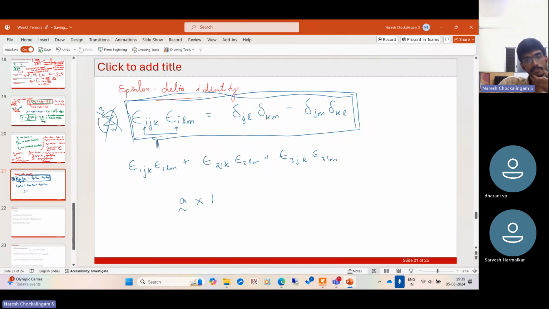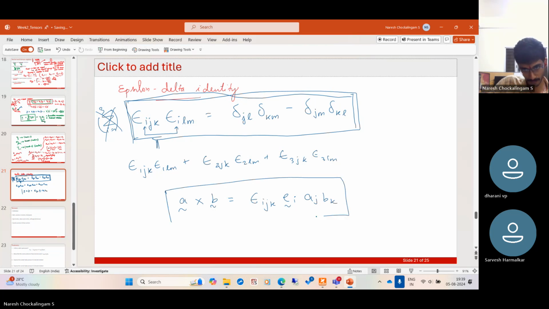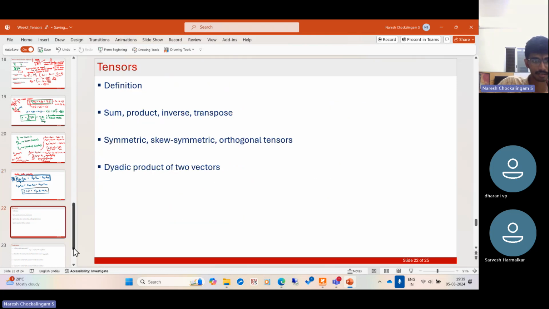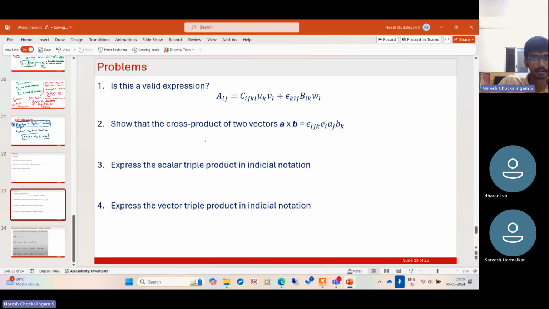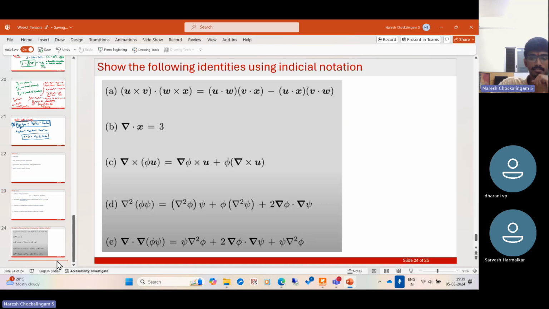Now, interestingly, the cross product of 2 vectors can be expressed as epsilon ijk e_i, which is a basis vector, a_j b_k. Let us prove this. Show that the cross product of 2 vectors, a cross b, is given like this.